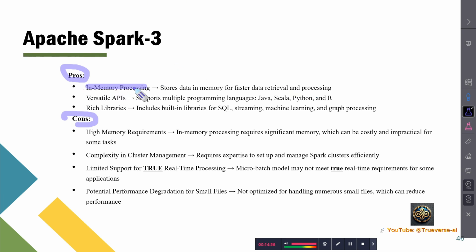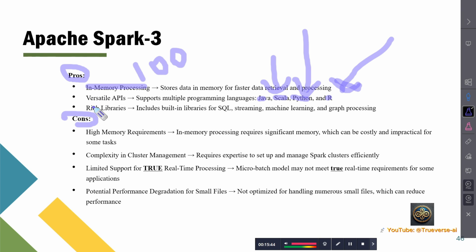So many technical documents say Spark is 100 times faster than MapReduce, because MapReduce is based on disk-based processing. Spark supports many programming languages: Java, Scala, Python, and R. Spark itself has been written in Scala, but it matches very well with Python, as well as R and Java.